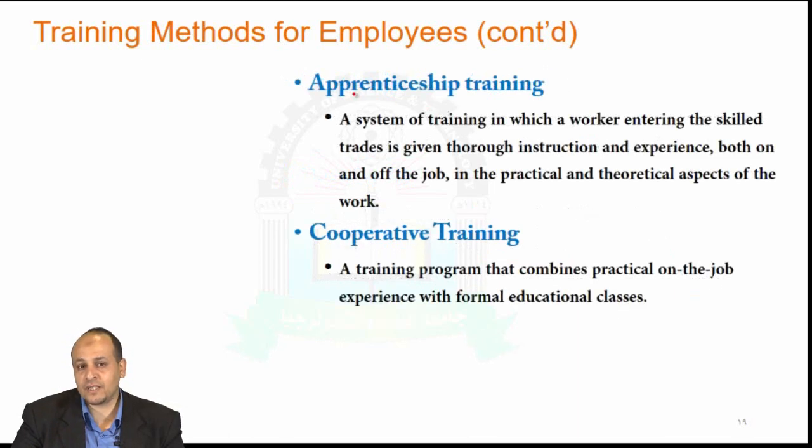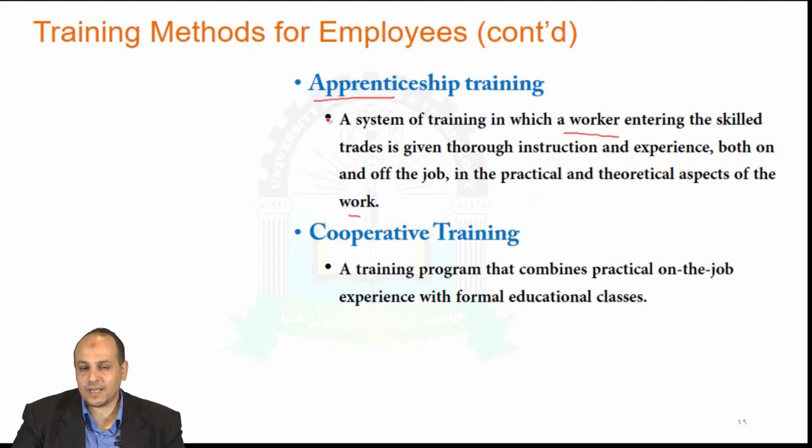Training methods here, as you said, apprenticeship training. This is more based on learning from the other. For example, a system of training in which a worker entering the skilled trades is given thorough instruction and experience, both on and off the job, in the practical and theoretical aspects of the work.